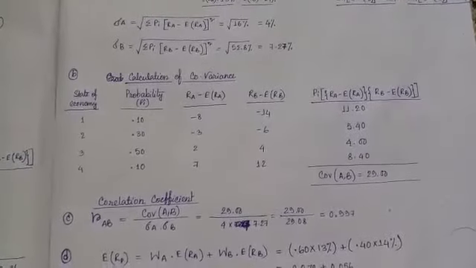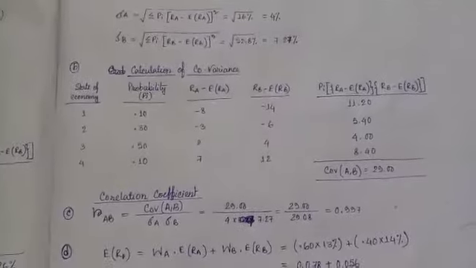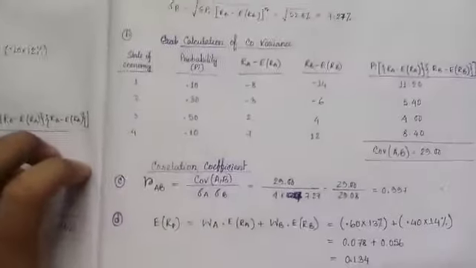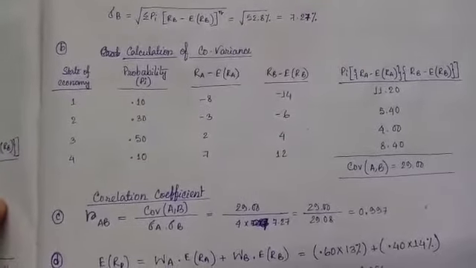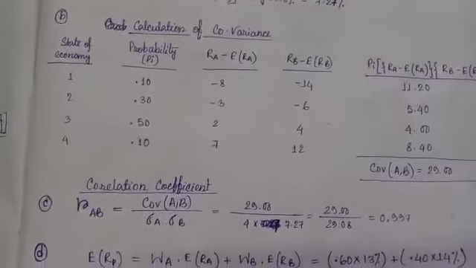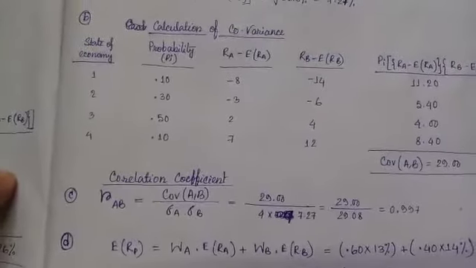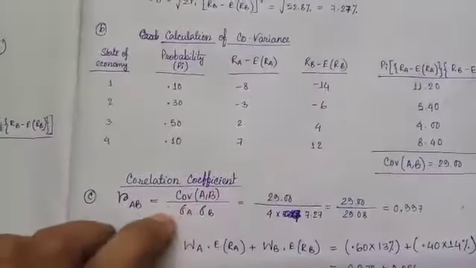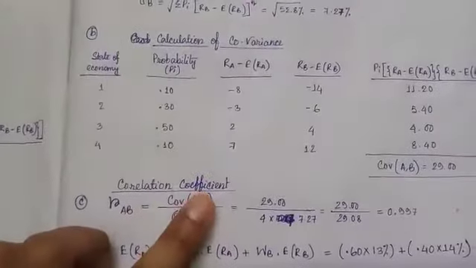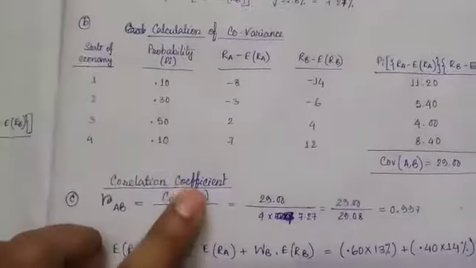Now we have to calculate the correlation coefficient. What is correlation coefficient? We know that the formula for correlation coefficient is COV divided by standard deviation of security A into standard deviation of security B. We used this formula in semester 1 in the chapter on joint distribution.